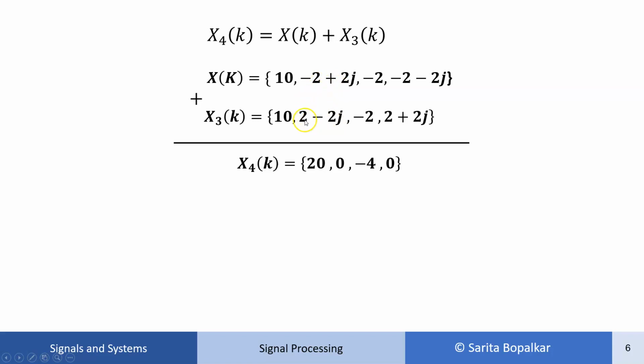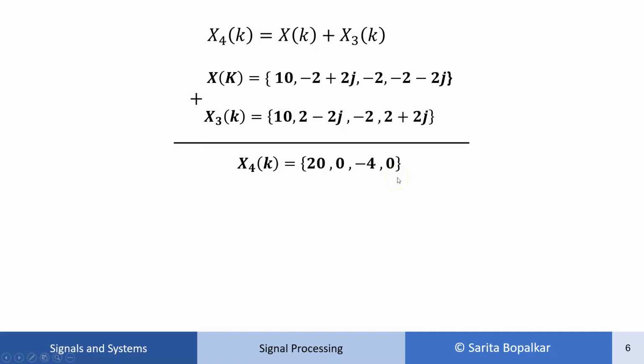The minus 2 plus 2 get cancelled, plus 2j minus 2j get cancelled. The second sample is 0. Then minus 2 plus minus 2 is minus 4. And this minus 2 plus 2 get cancelled, minus 2j plus 2j get cancelled. That's why the fourth sample is 0. So the DFT of X4 of n is 20, 0, minus 4, 0.